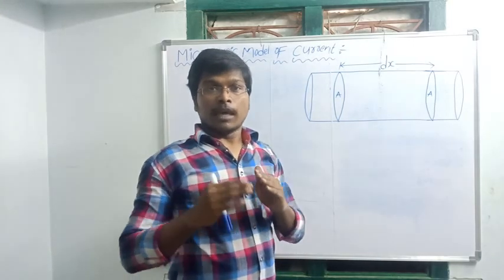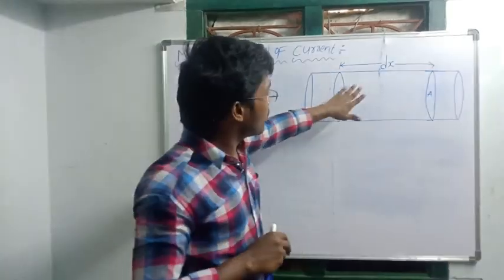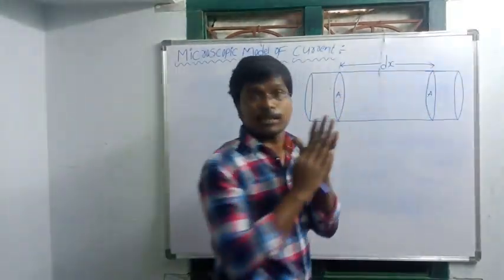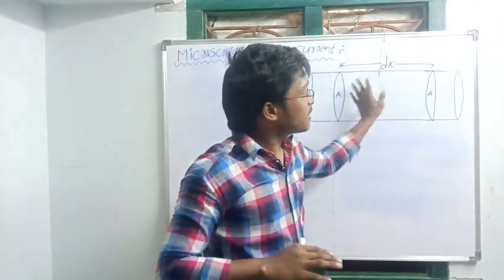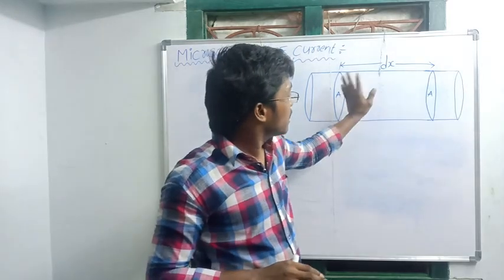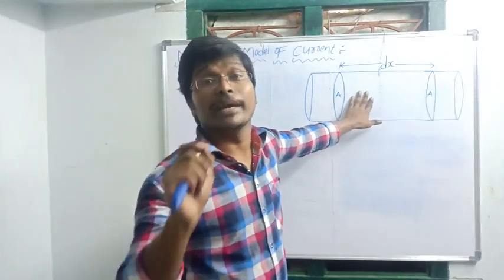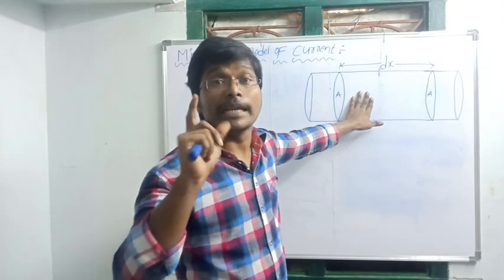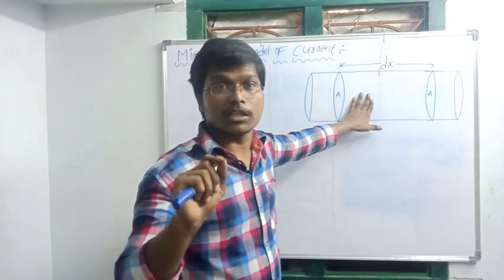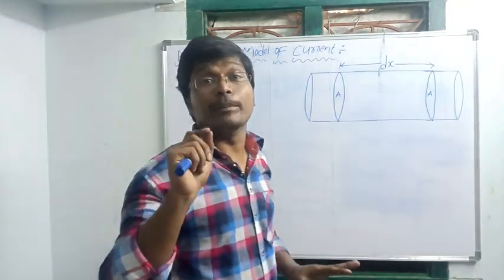Listen carefully here. The space between the two areas of cross section is called the volume element. What is that? Volume element.